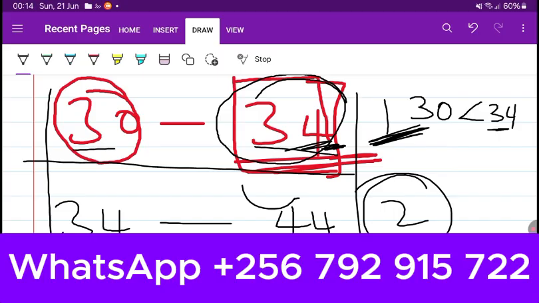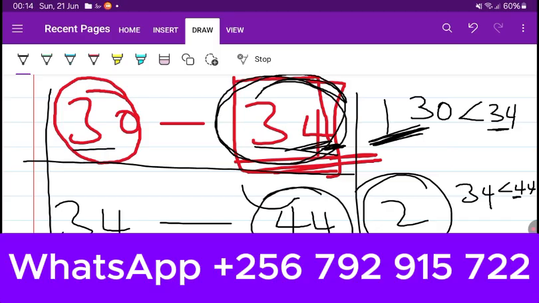And this one will actually be 34 less than 44, meaning this 44 is not inclusive in this class, but it is included in the next class. So these upper limits of each of these different classes are excluded from those classes, but they are included in the next classes. That is the implication.